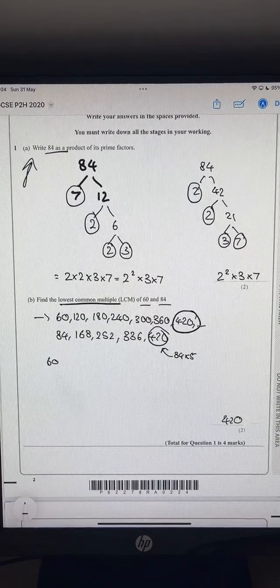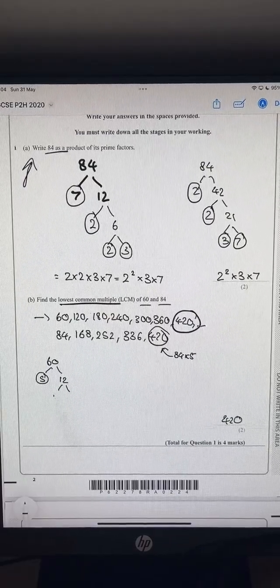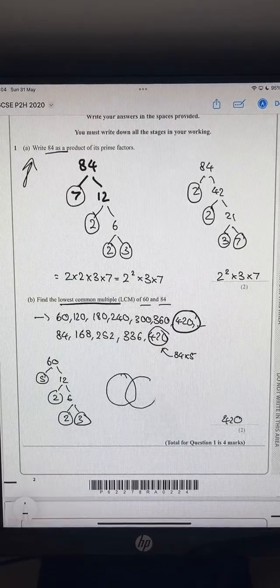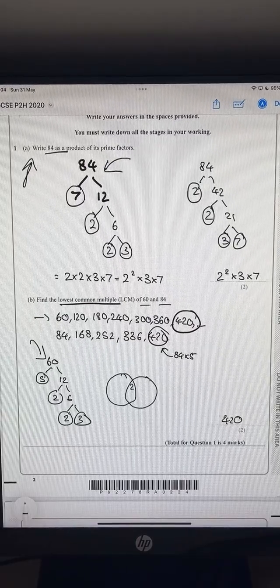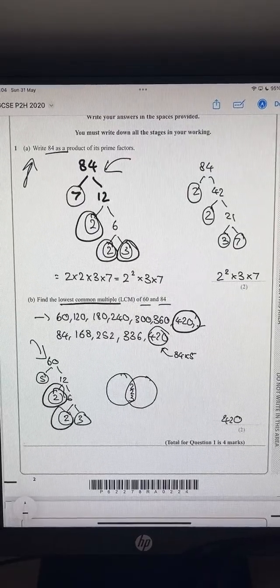We have 60, and if we break that up, we get 5 and 12. 5 is prime, and then we get 2 and 6, 2 is prime, and then we get 2 and 3. Then we do our Venn diagram, and we see the prime factors we have for this tree and that tree, and write down the ones that appear in both in the center. So I have 2, 2, and 3 appearing in both.